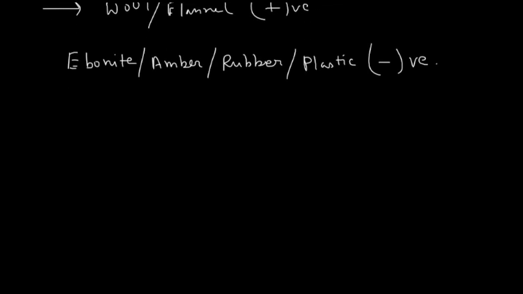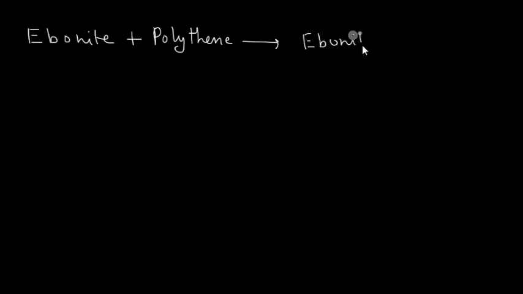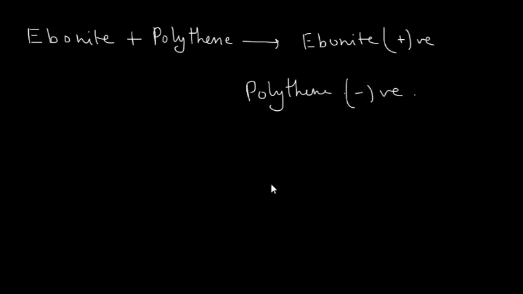Now let us take the next example. When ebonite is rubbed with polythene, ebonite becomes positive and polythene becomes negatively charged.